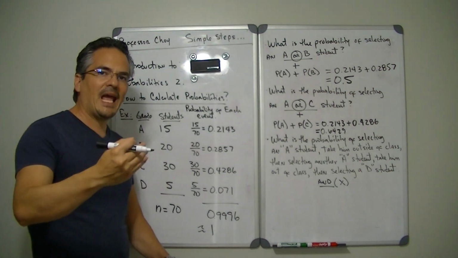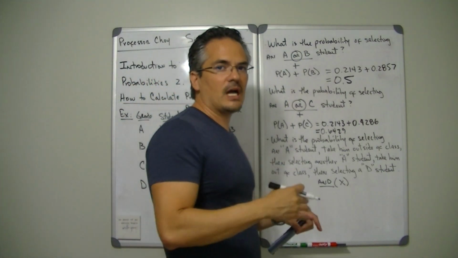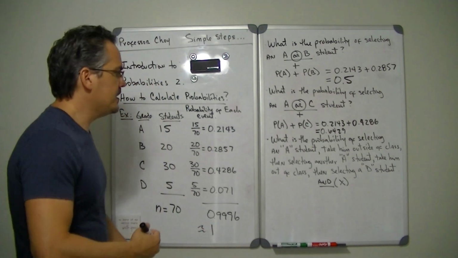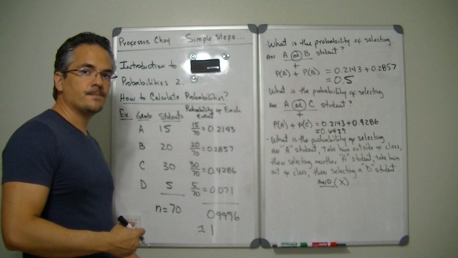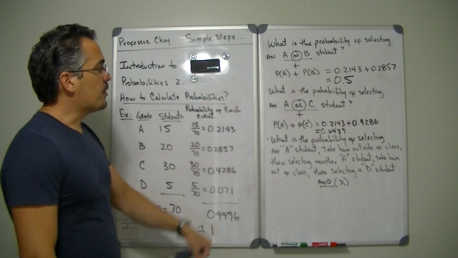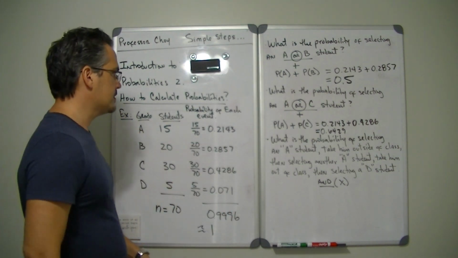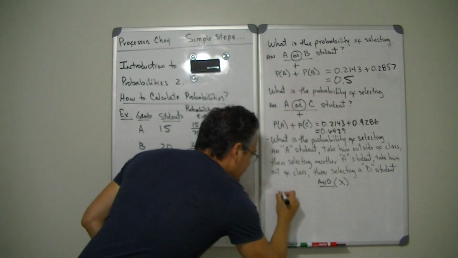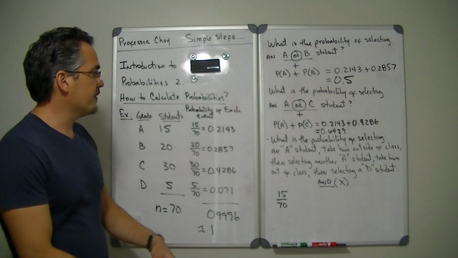So every time you do and, this has to happen, and that has to happen, and that has to happen, then the answer is we need to multiply. Good so far? Alright, so let's work on this one. The probability of selecting an A student, that's the first thing that's going to happen. Well, the probability of selecting an A student is 15/70. So we're good. That's the first thing we got to do.